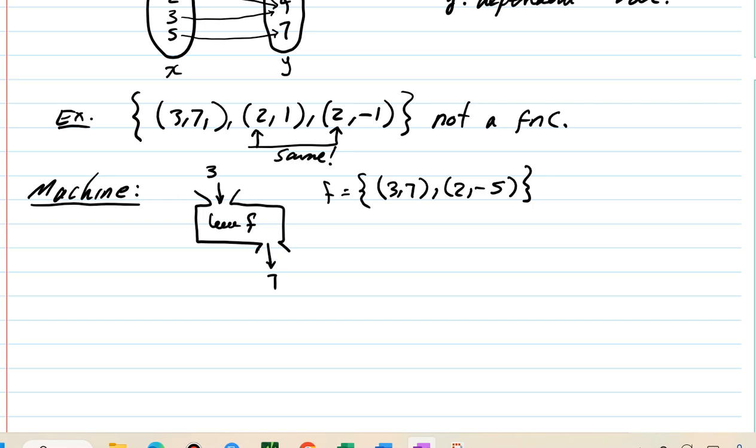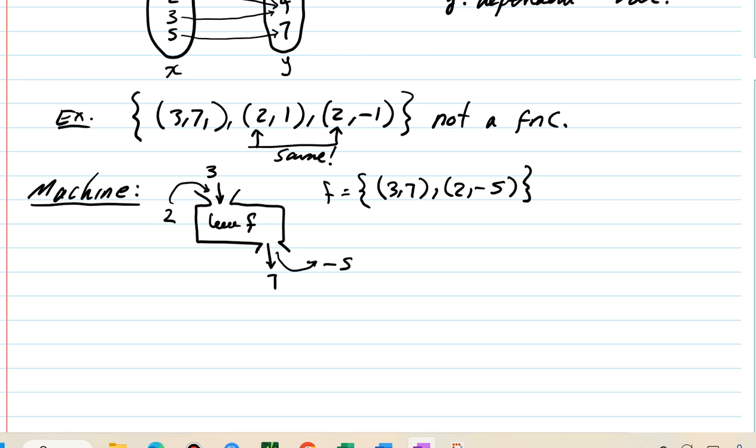Now, typically, as we'll work with this later on, for us, these f's are going to be mathematical equations. Okay, so we're going to have mathematical expressions that represent the function. But for now, because I'm just making them up, you don't see a formula or an expression for the function. All right, so there you go. Another possibility, let's say the input is 2 and out comes a -7.